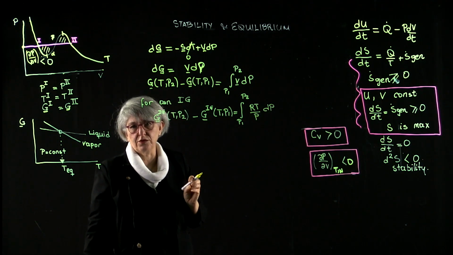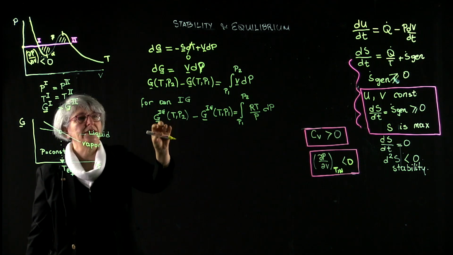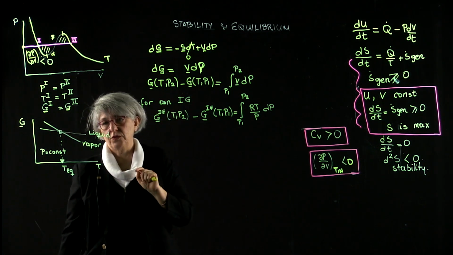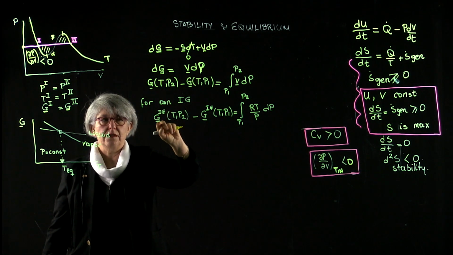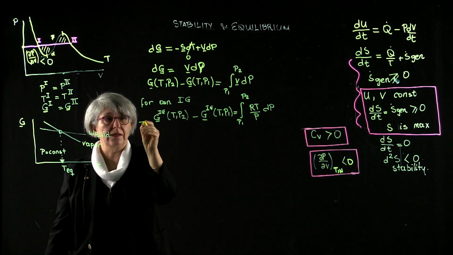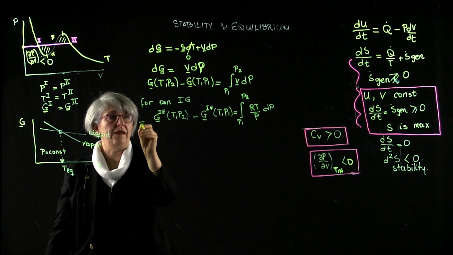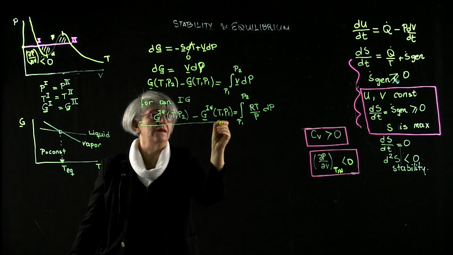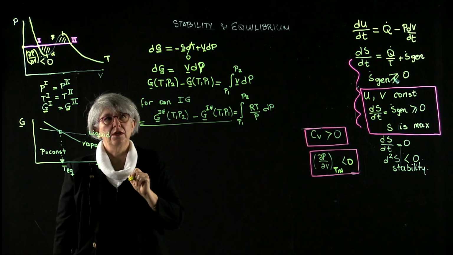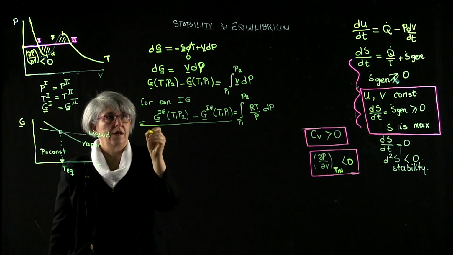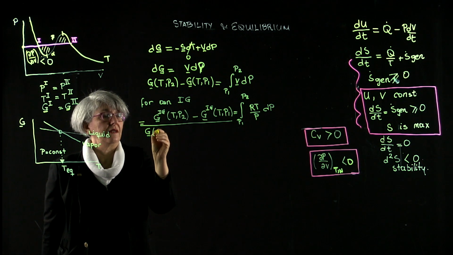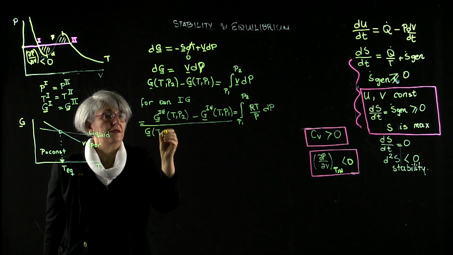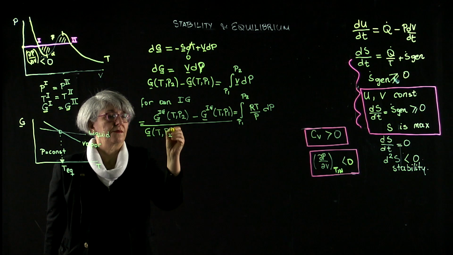So now I have two different expressions. One is for an ideal gas, one is for a real fluid. What I will do, I will subtract this from that to have an expression for the difference between the real fluid from its ideal counterpart.